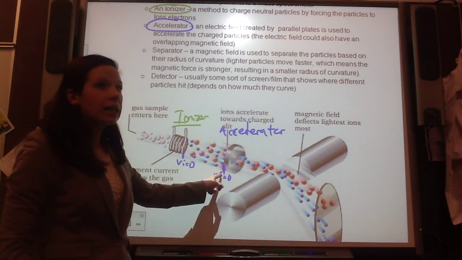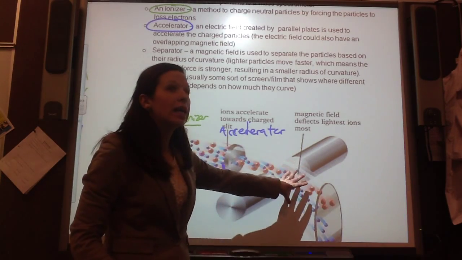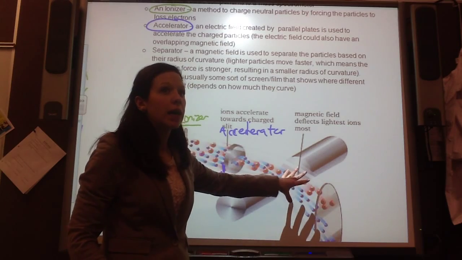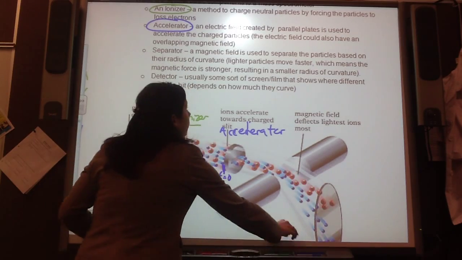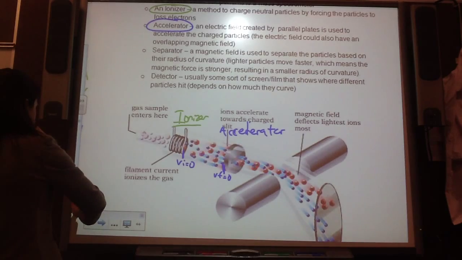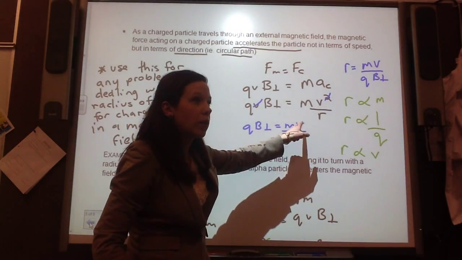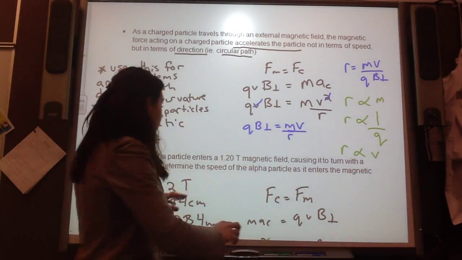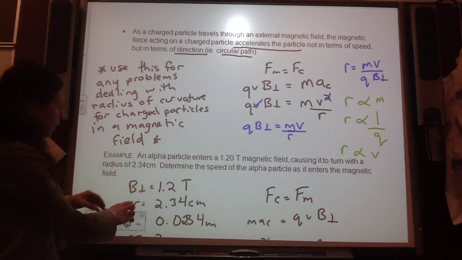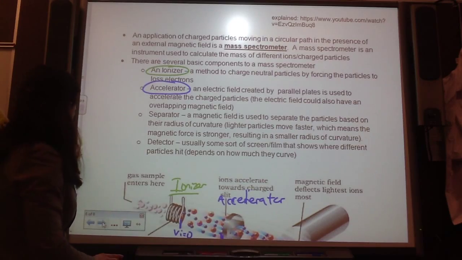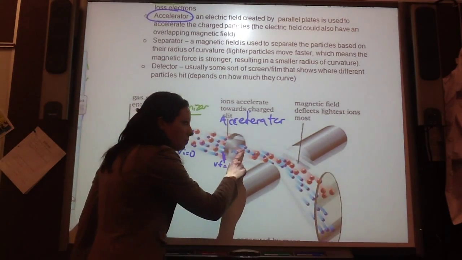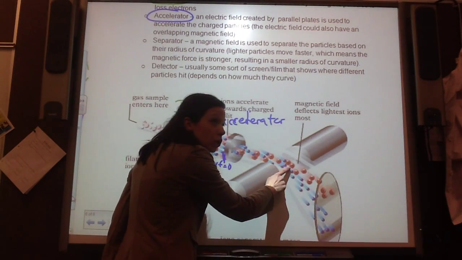Now, this speed is the speed that you put into your magnetic formulas, like we were just doing. That's the speed. When it's talking about speed for these formulas, it's the speed that's in the magnetic field. So you need to know the speed as it comes out of here, because then it goes into a magnetic field.